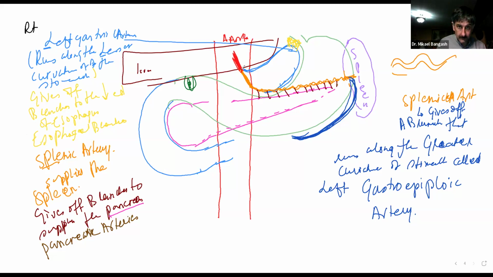Now, guys, the last artery of our celiac trunk is going to be the one on the right, and we call that one the common hepatic.